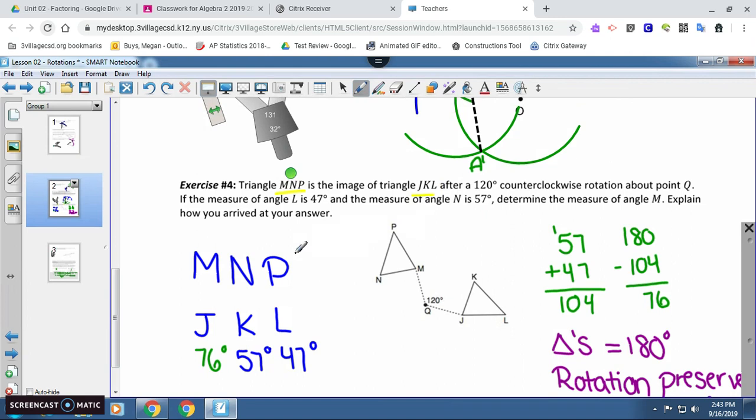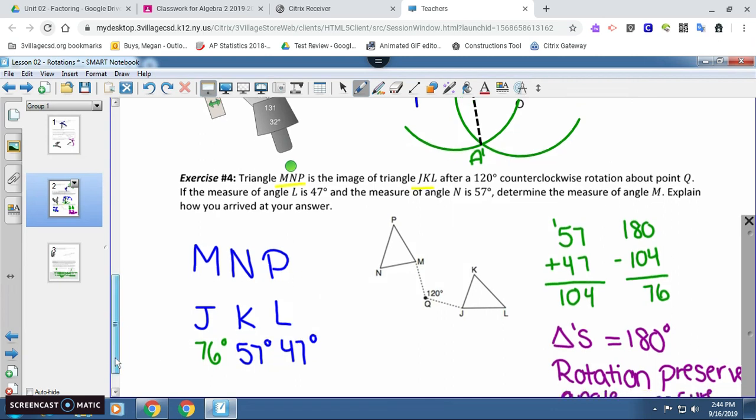You'll notice over here, M and J line up, N and K line up, and P and L. So L is 47 degrees, which also means P is 47 degrees. N is 56, so K is 56 degrees. So we have 2 out of the 3 angles of these triangles. To find the missing angle, we're going to add the 2 together to get 103, subtract from 180, and we get 77 degrees. So angle M is equal to 77.